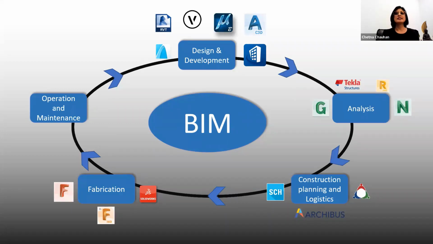So all that is designed in a different software. And when everything is done and the building is complete, we hand it over to the client, and the client has to maintain it and operate it. Then they use a different kind of software to report if there are any problems in the building. Let's say, for example, HVAC in the building.